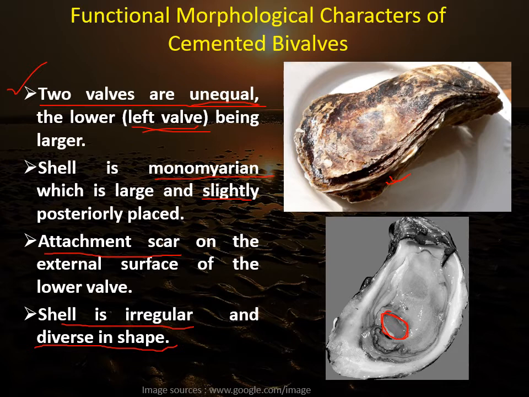So in these kinds of bivalves, the cemented, the free-lying and the swimming bivalves, the anterior muscle scar is completely gone, and only the single large posterior muscle scar remains.